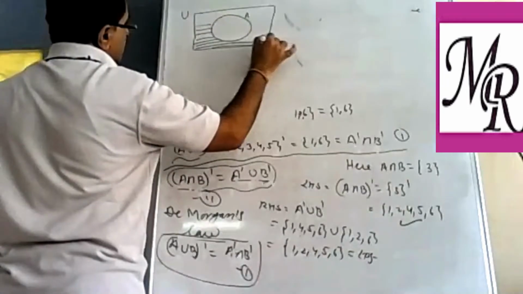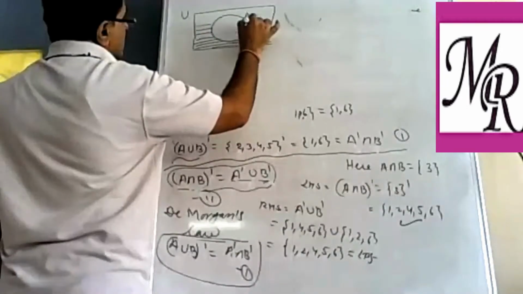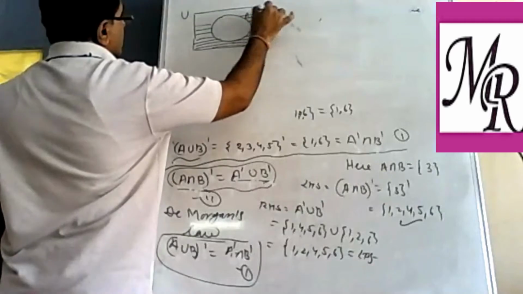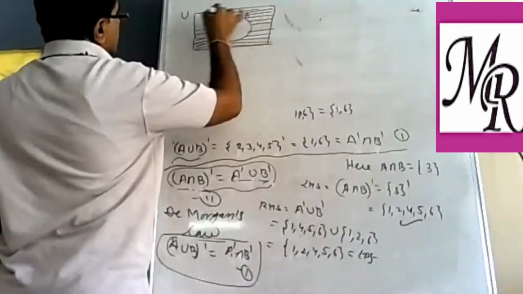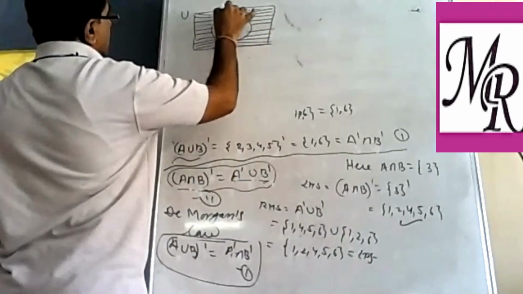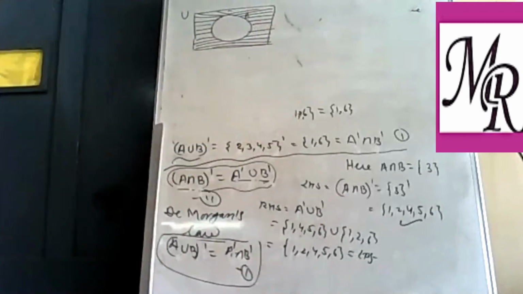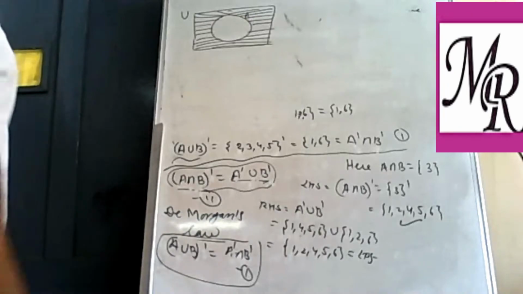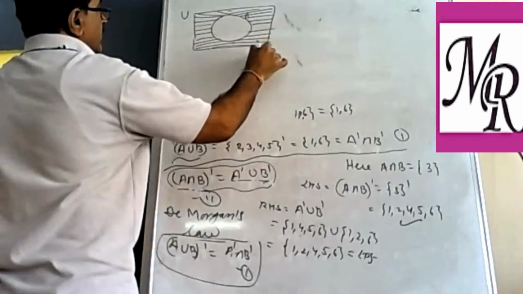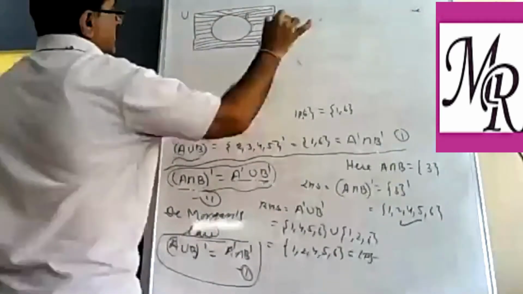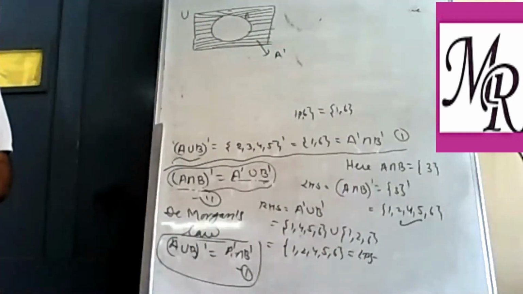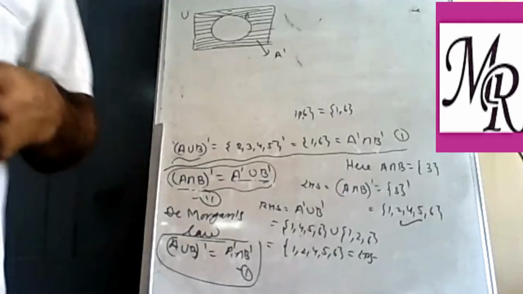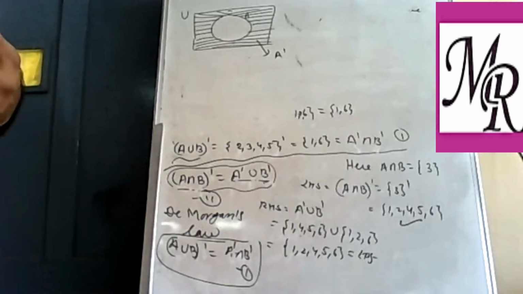Clear? This shaded portion represents A complement. This is the Venn diagram, or diagrammatic representation, of the complement.